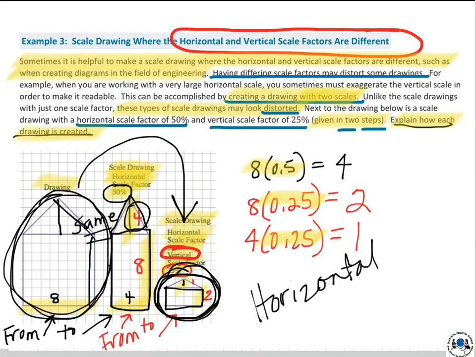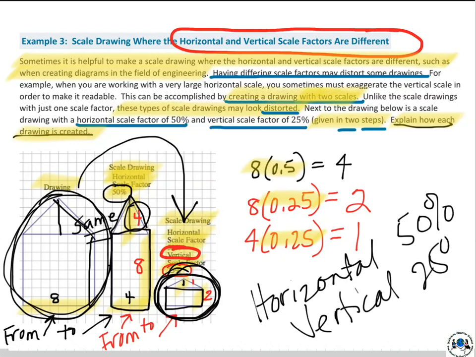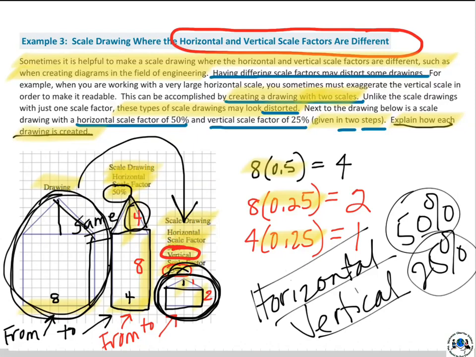The horizontal became a 50% scale, and then vertically it was 25%. So if these two are not the same, then your final is not going to have the same overall ratio as your original. It just makes sense.